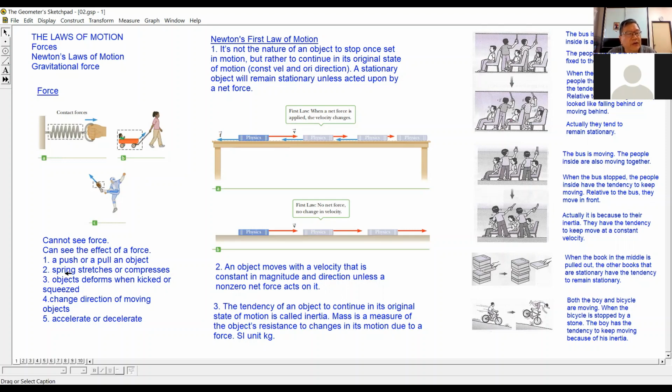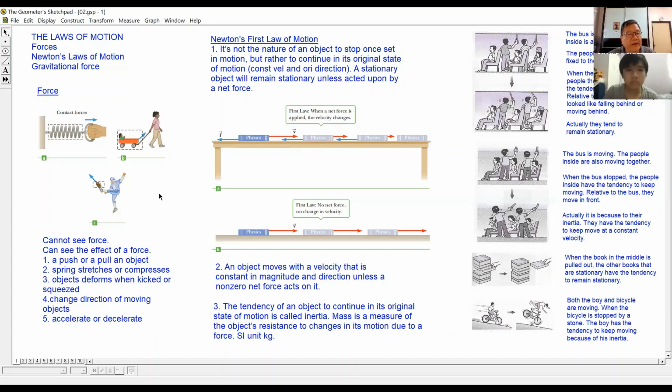When the spring stretches or compresses, there will be a force. Although you cannot see the force, you see the effect of the force on the spring. The state of the spring, stretched or compressed, shows that there is a force there.